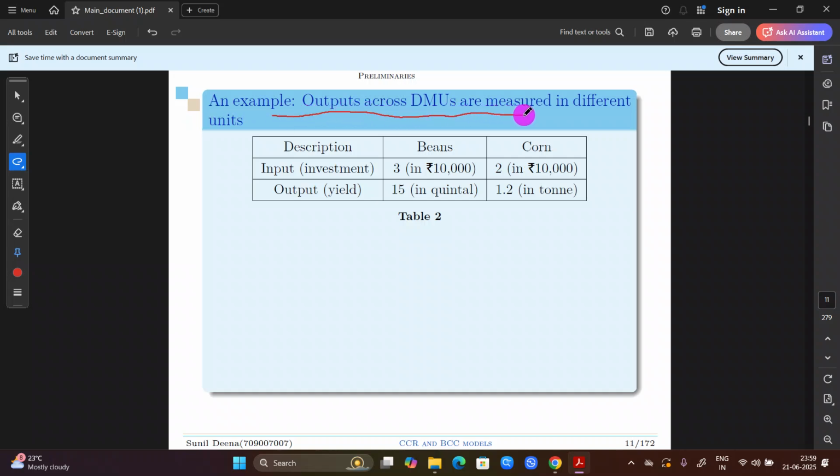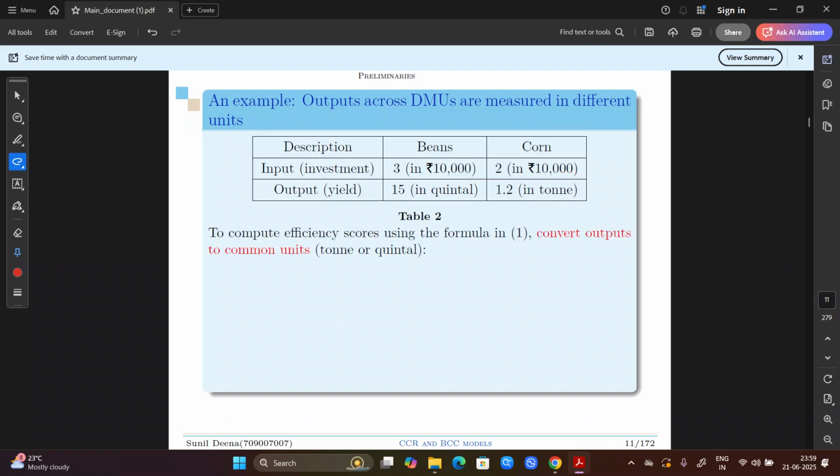Output across DMUs is measured in different units. In this example input is the investment, the type is currency and the unit is also the same, but the output is in quintal and in ton. Units are not the same but the quantity type is the same, but still we can use the formula 1 to compute the efficiency score.